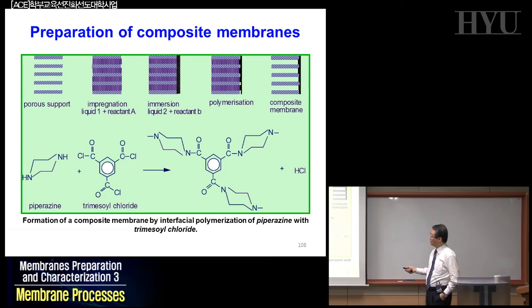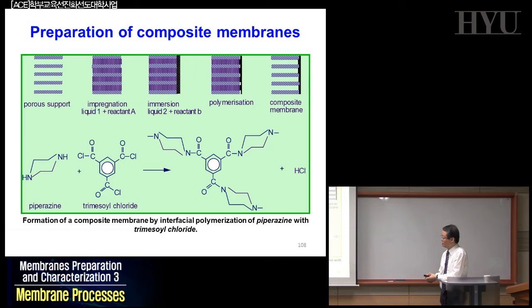But if N is attached to an aromatic ring, as with metaphenylene diamine, then the CN bond will be much easier to cleave, so that the CN bond is attacked by chemicals such as sodium hypochlorite, because sodium hypochlorite is used as a cleaning agent after reuse of your modules, so that your molecular weight will decrease.